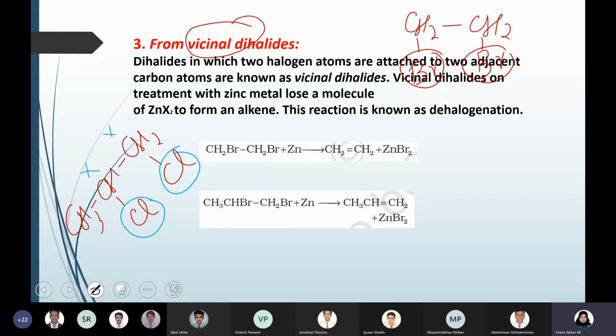These halogens are attached to neighboring carbons, so such dihalides are called vicinal. That means vicinal dihalides are dihalides in which the halogen groups are on neighboring carbon atoms.